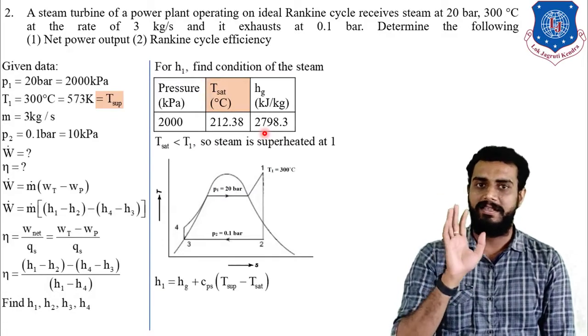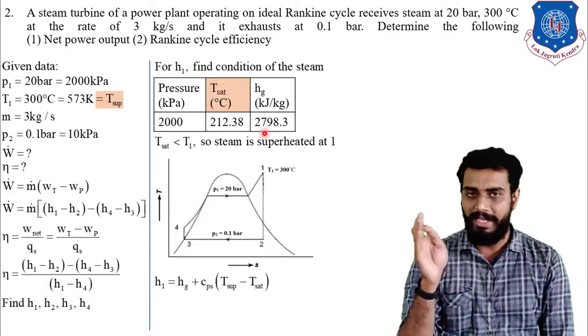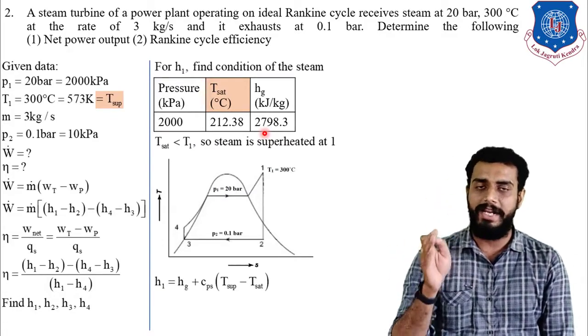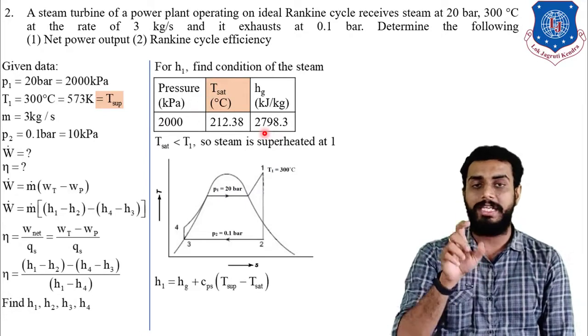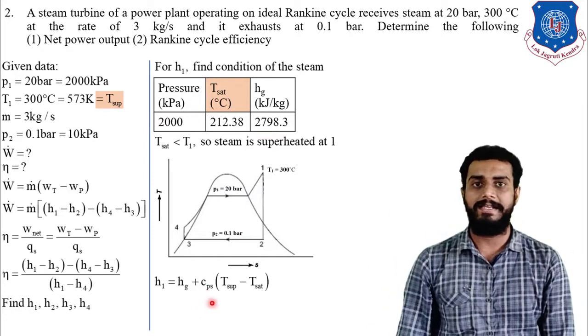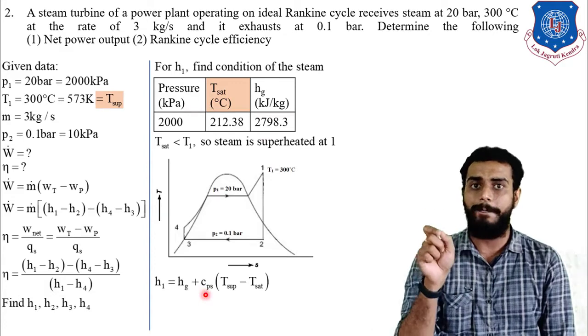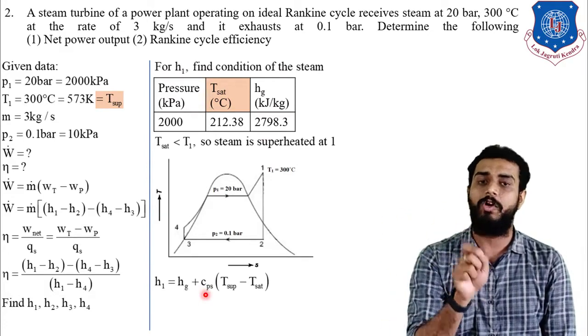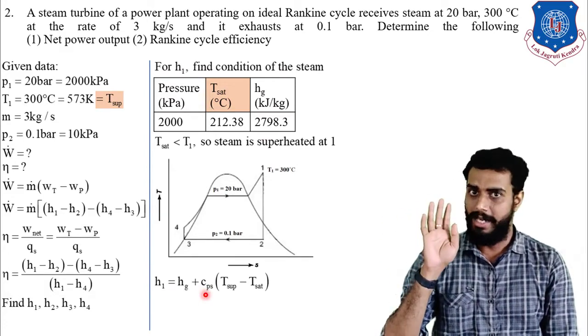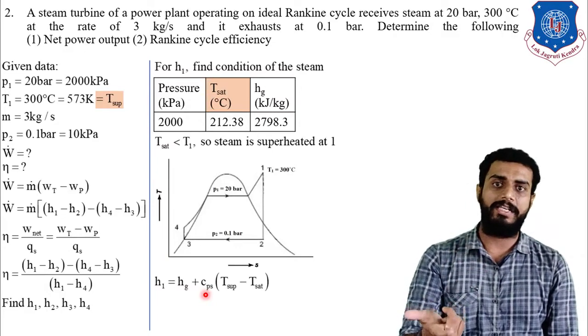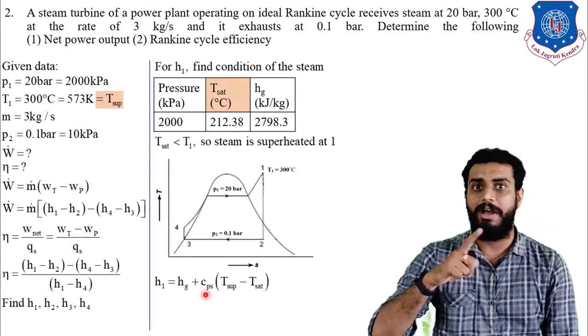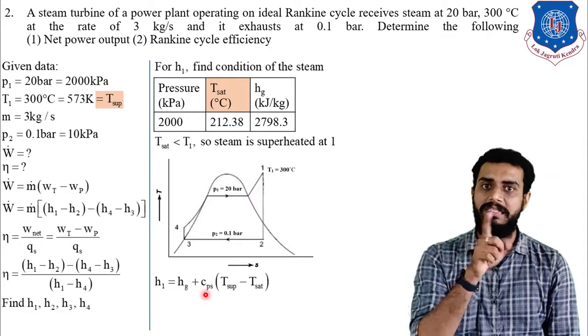Further, Cps I have already told you many times, if it is not given in the data, then you can take 2.1 kilojoule per kg Kelvin. That is the specific heat of superheated steam at constant pressure. Clear? Further, T superheated is already given, that is 300 degrees Celsius or 573 Kelvin, minus T saturated.